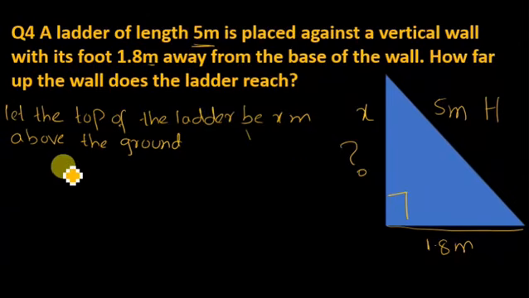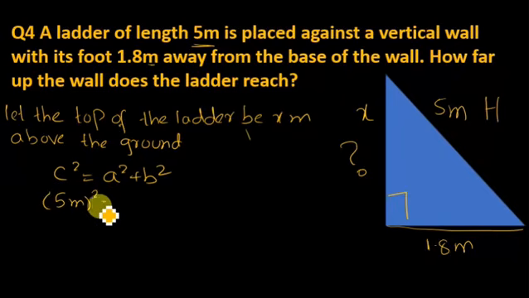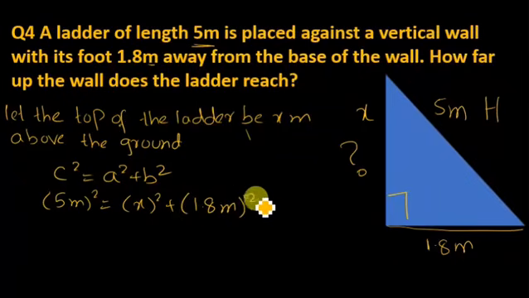Yes, this is your question. By applying Pythagoras theorem, the formula is C square is equal to A square plus B square. What is the value of C? C is 5 meter, A is x, and B is 1.8 meter. We have to find this value x.